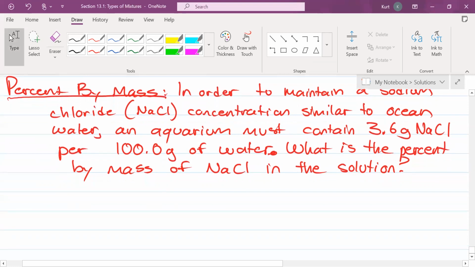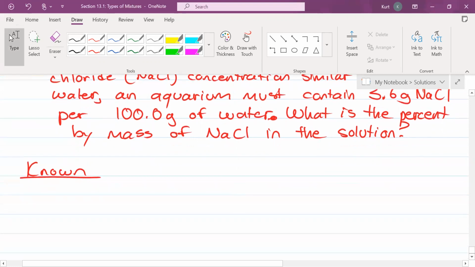Okay, I need you guys to help me out here. I'm just the messenger. You tell me what to write. What are my known values? Is this my solute or my solvent? This is my solute.